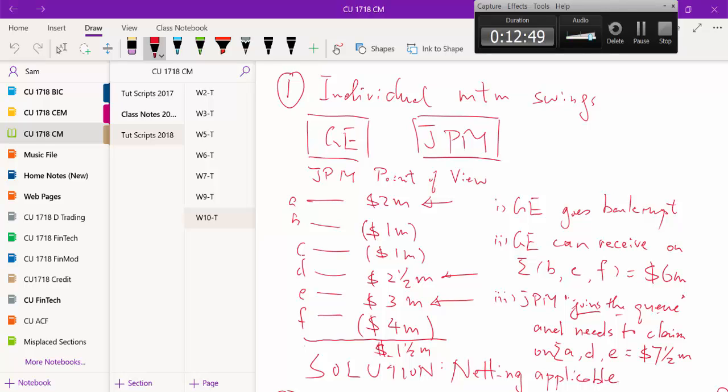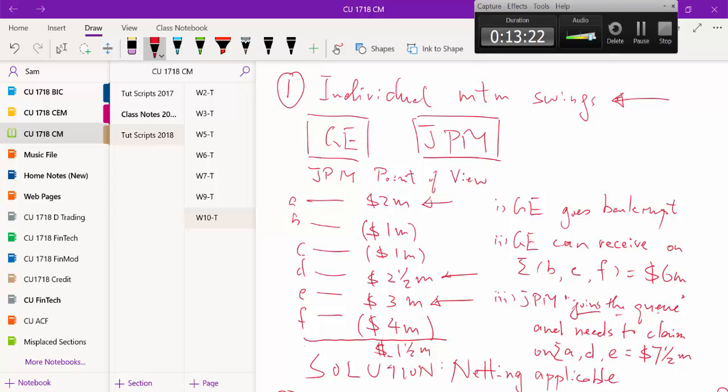So suddenly, JP Morgan is still winning, but now they only need to get $1.5 million from GE instead of $7.5 million. That would reduce your anxiety a little bit on individual mark-to-market swings. Everyone is okay? Just net them out. What you owe them and what they owe you will offset each other.